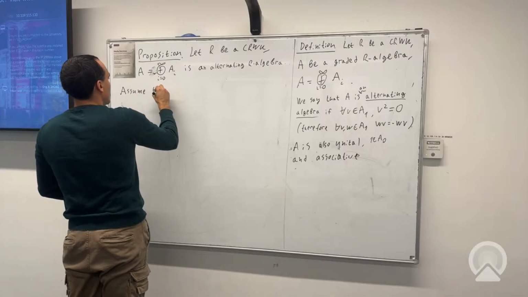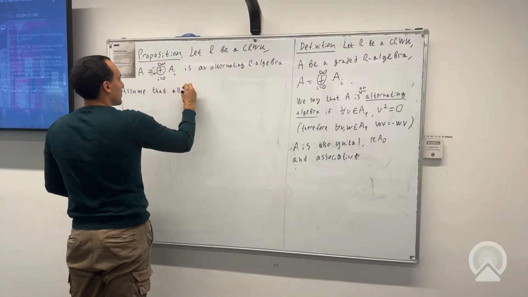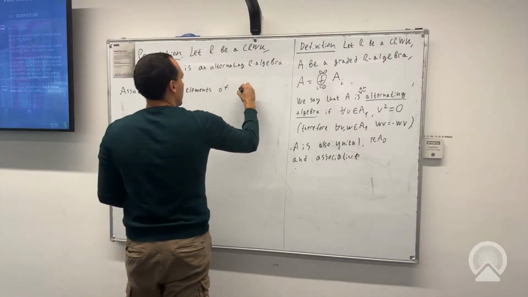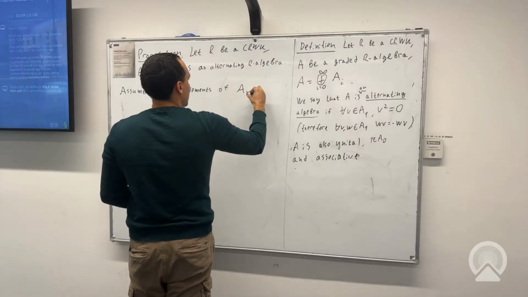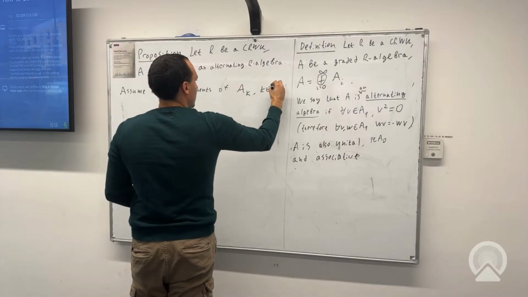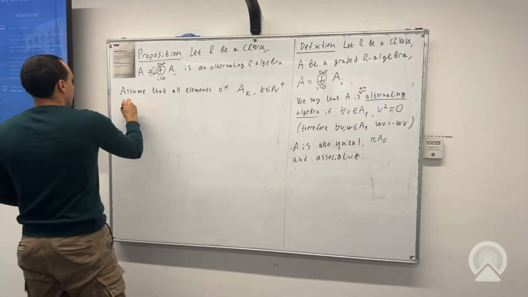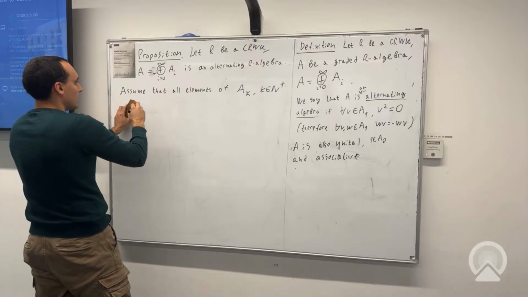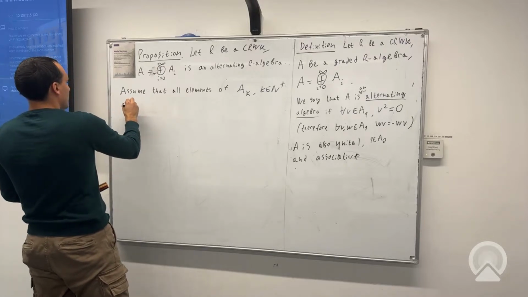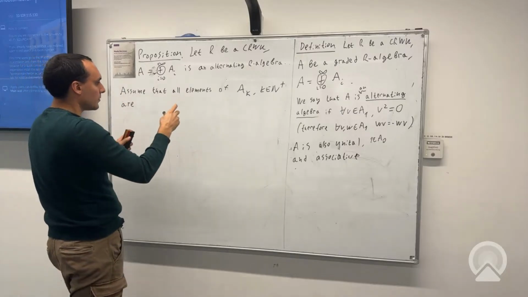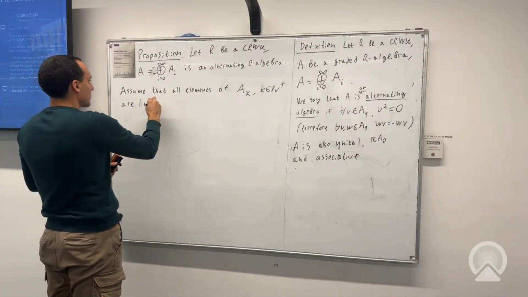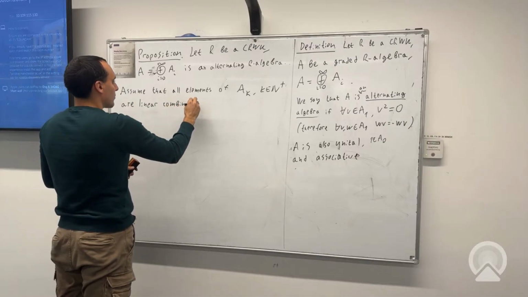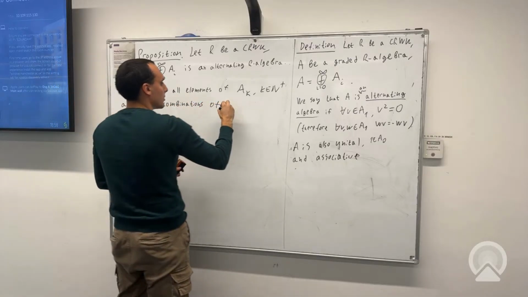that all elements of A_K, K is I, are linear combinations of products.